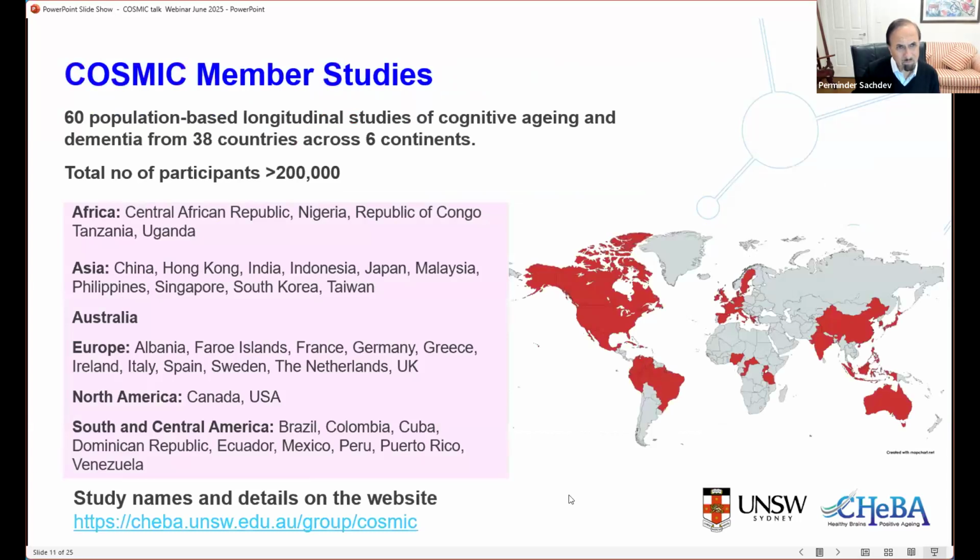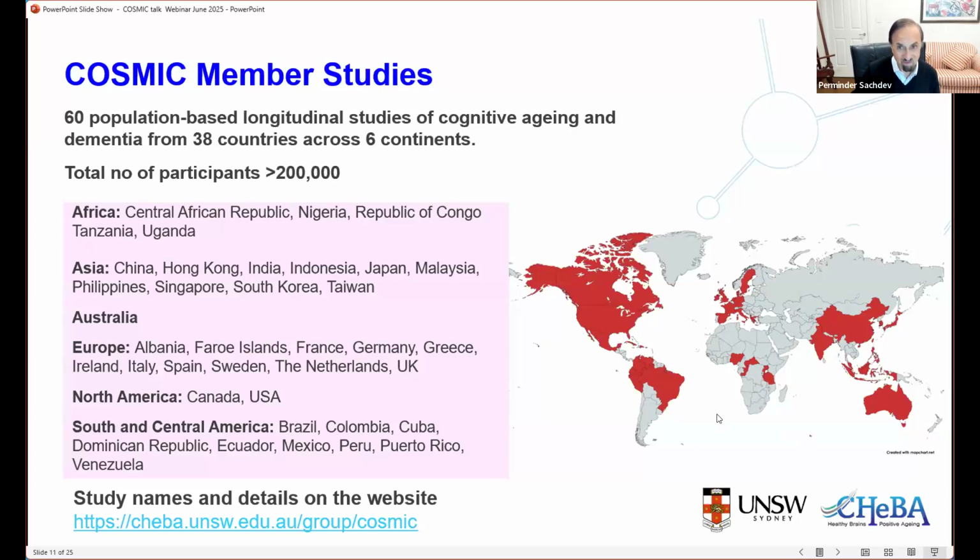We started with about, I think, 20 studies or so, but the consortium has grown over the last 12 years to 60 studies from 38 countries. And as you can see, we have global representation. We still have many areas where we have no representation. We have no representation from the Middle East, for example.